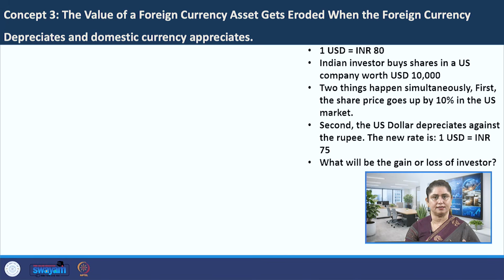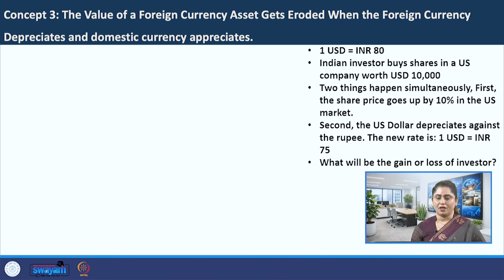Now, another thing that we should discuss is that the value of foreign currency assets gets eroded, or becomes less, when the foreign currency depreciates and the domestic currency appreciates. Now, let us concentrate on the domestic currency only. Fine.